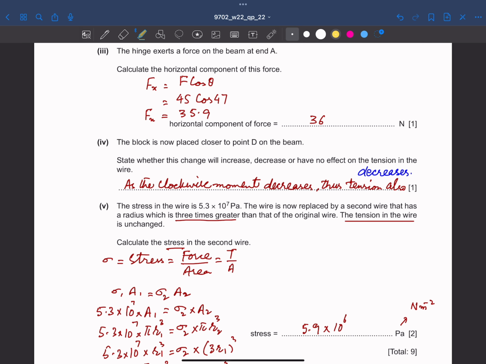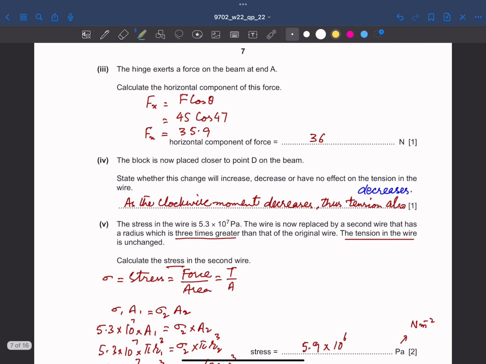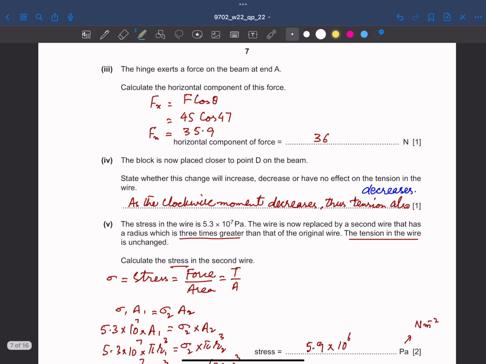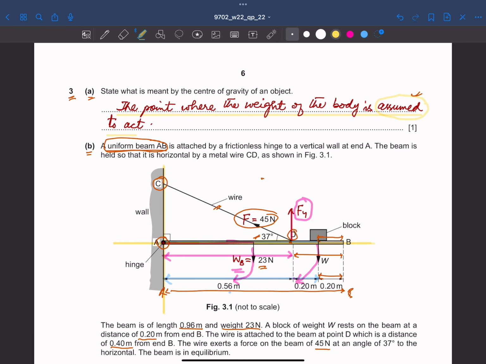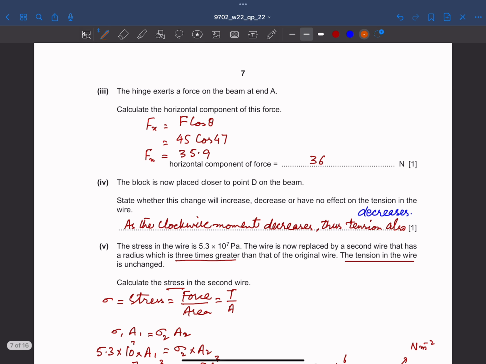In the third part of this question, the hinge exerts a force on the beam at end A. So what is the situation? Here you have the hinge. So here you have this force basically, and they are saying, calculate the horizontal component of this force.